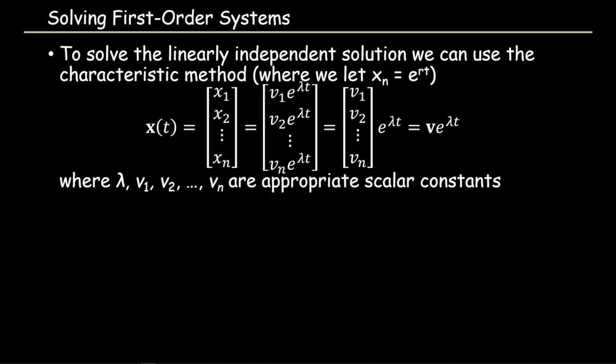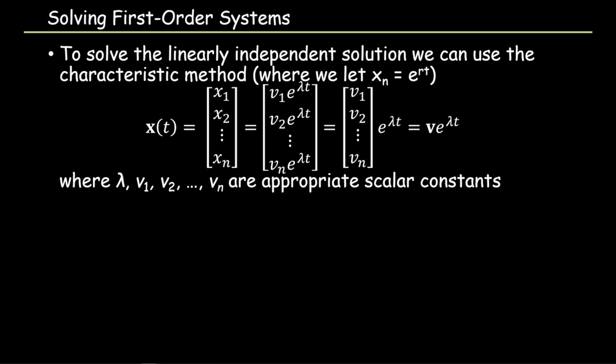So our solution x(t), the column vector of x1, x2, all the way to xn, is equal to v1 e to the lambda t, v2 e to the lambda t, all the way to vn e to the lambda t. Because they all have e to the lambda t, we can factor it out, and make v1, v2, all the way to vn a column vector. So our general solution will be the column vector v times e to the lambda t, where lambda, v1, v2, and vn are all appropriate scalar constants.